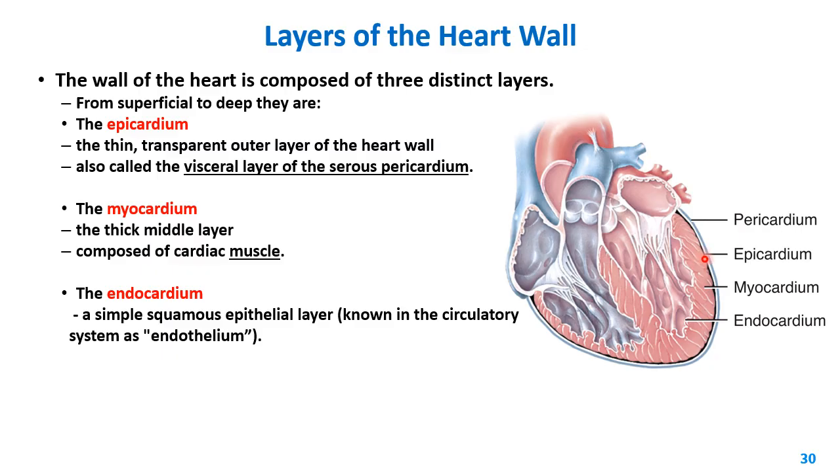So you have your epicardium, which is the visceral part. You have myocardium, and inside here, inside of the chamber, contouring all the surface of the inside of the chambers, you have your endocardium. Okay, another thing about the endocardium is that it is made up of epithelial cells, and it can also be called endothelium.